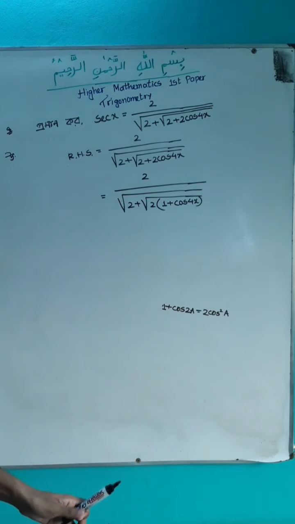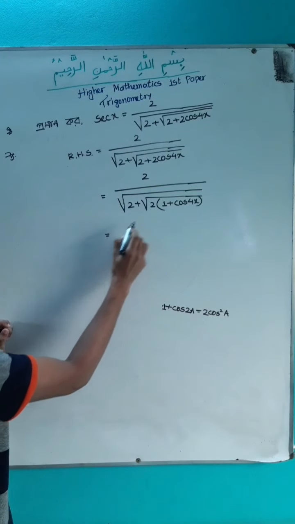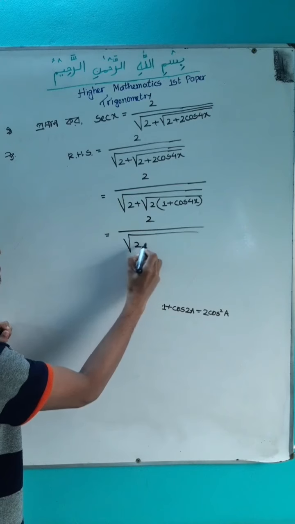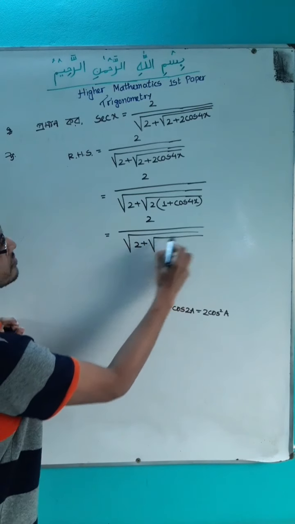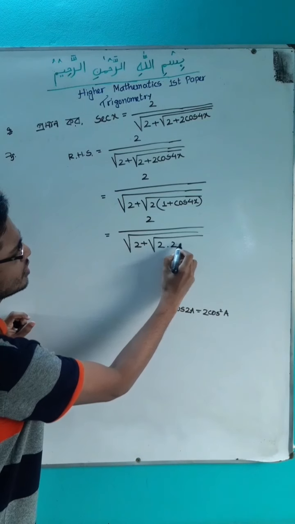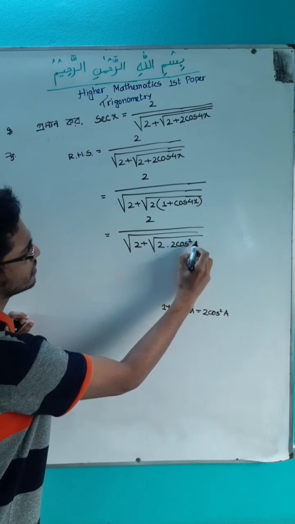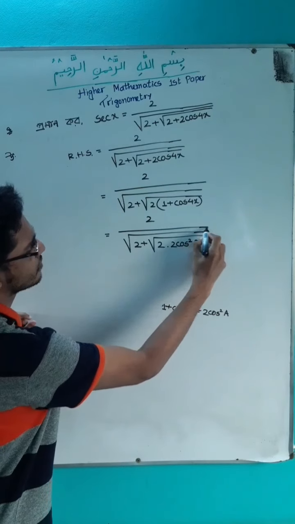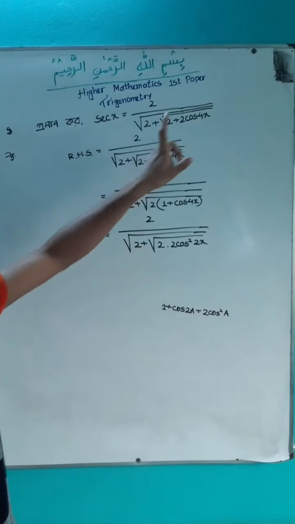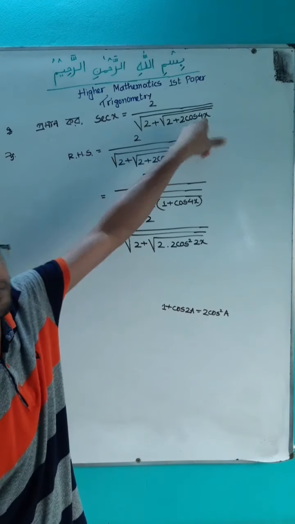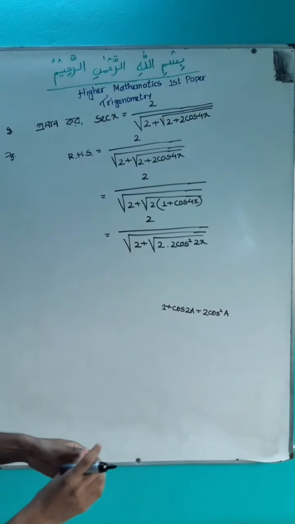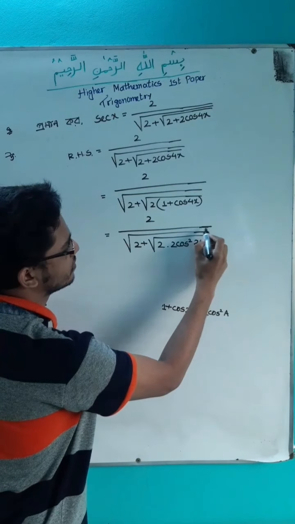So, what will we write? 1 plus cos 4x, that means it will come as 2 cos square 2x. So, keep an eye, here it is written cos 4x, but in the left hand side there is no 4, only x. This is an important thing you need to follow.